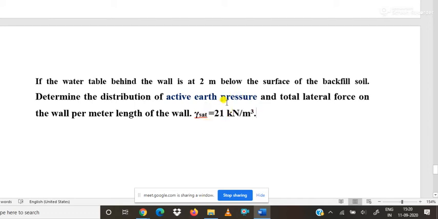If lesser, then that is the submerged unit weight given, and if greater, then it is given as the saturated unit weight. And if saturated unit weight is given, then you have to calculate the submerged unit weight by subtracting 10 kilonewton per meter cube, the unit weight of water. Okay, now here this value is greater, and we have to subtract the unit weight of the water from this value.